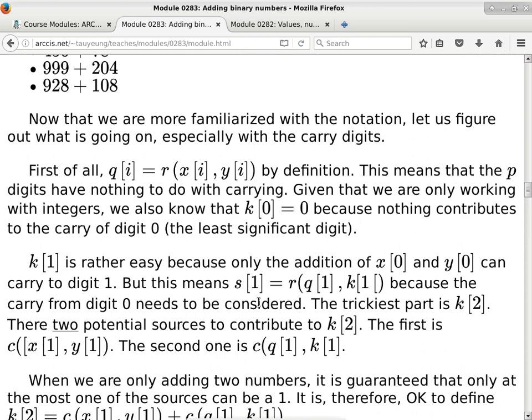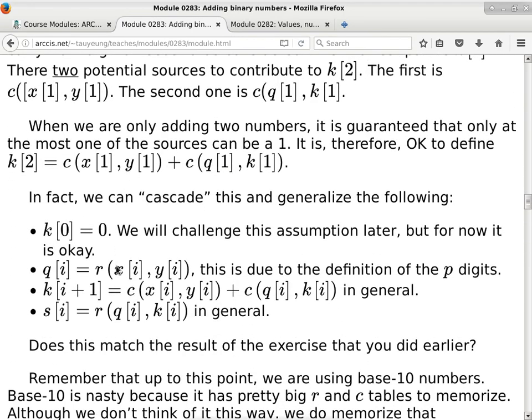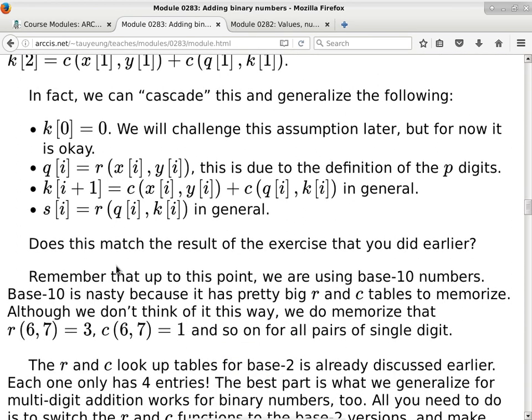So the next one is kind of the same way. You have two additions, and then you also have to look at the carry from the previous one. So all of this stuff here, which is represented graphically, is kind of represented here using this notation. Okay, so you kind of have to relate what you see on the whiteboard, and you're more than welcome to take a picture of the whiteboard, especially after the class.